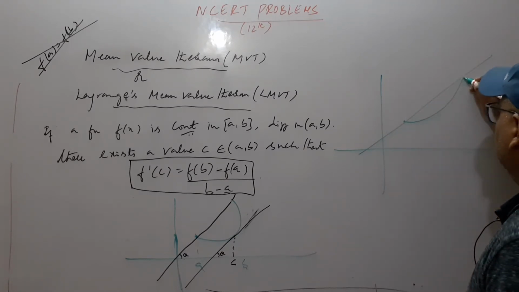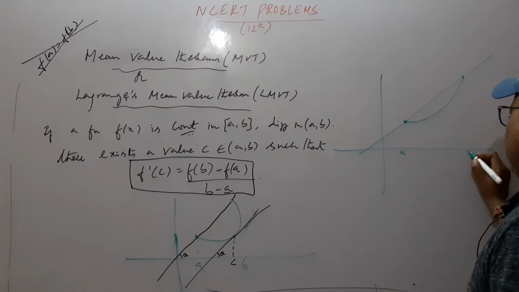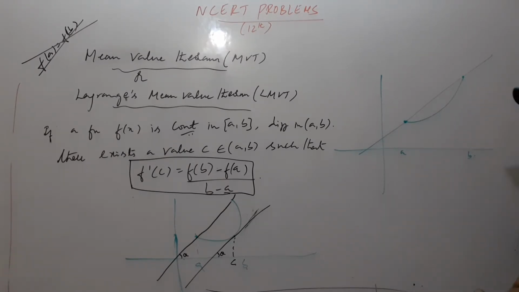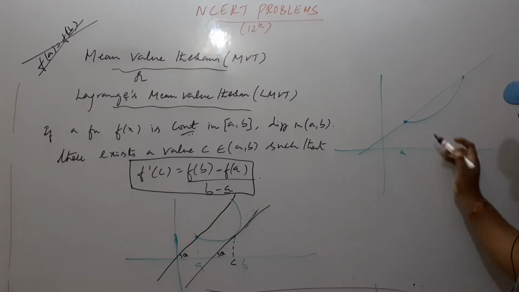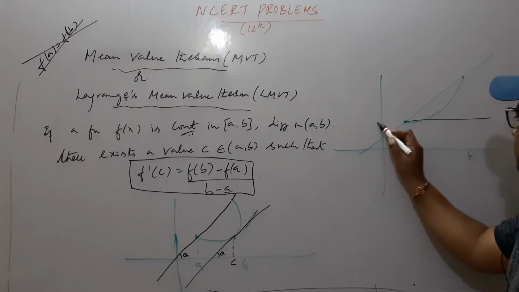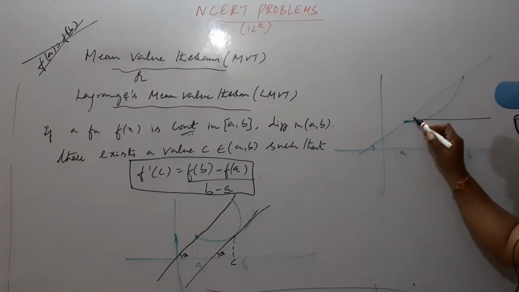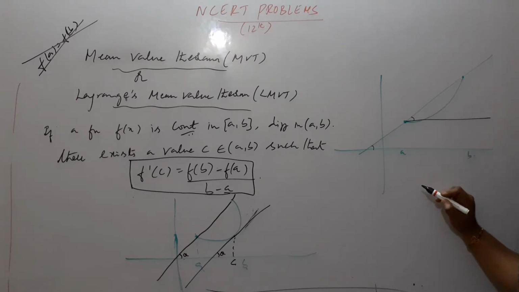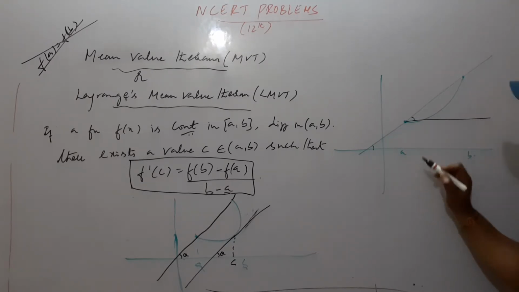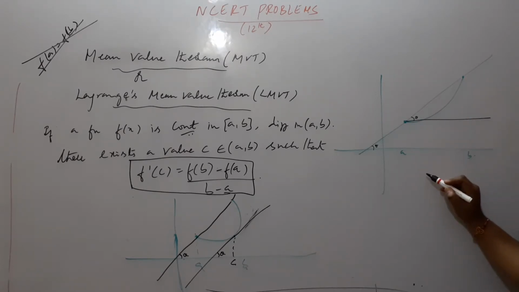This is the point A, this is the point B. Now, students, if I draw one line which is parallel to the x-axis, this angle and this angle are same, you know it, because they are the corresponding angles. If this is theta, this will be theta, because both lines are parallel to each other.